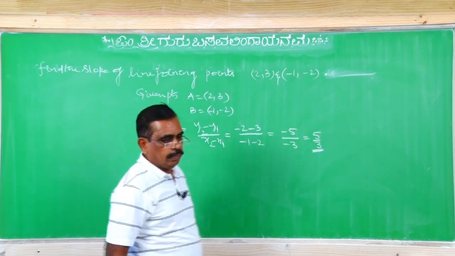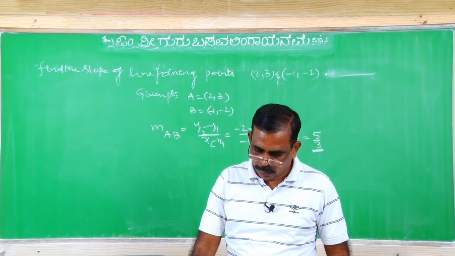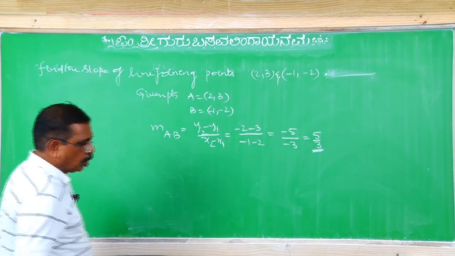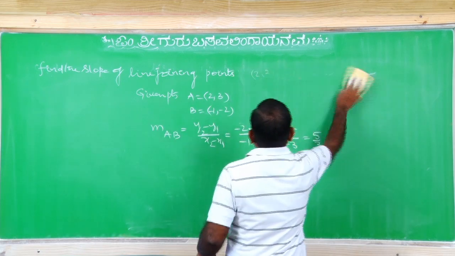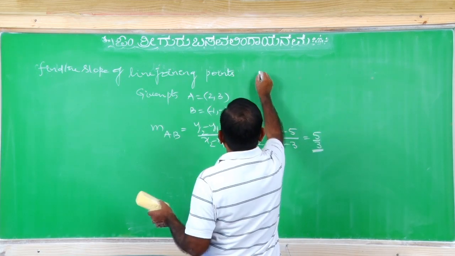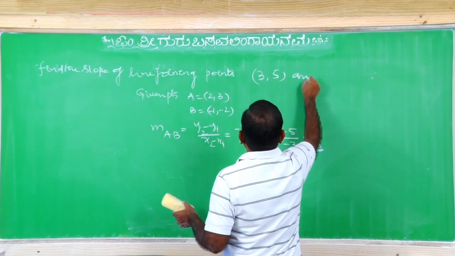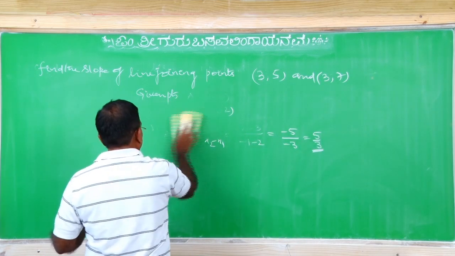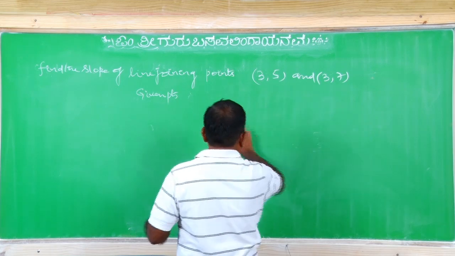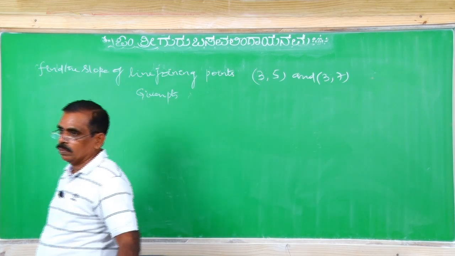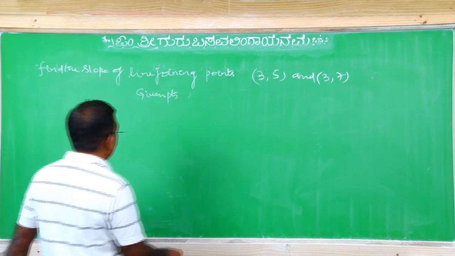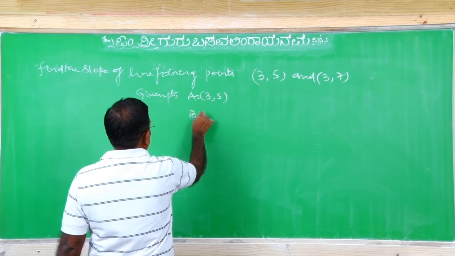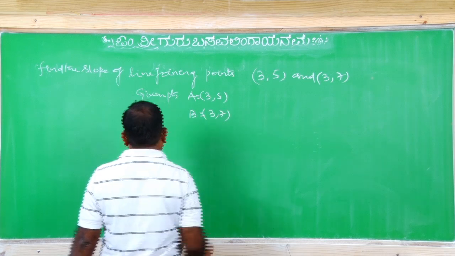Find the slope of the line joining points 3, 5 and 3, 7. Given points A (3, 5), B (3, 7).